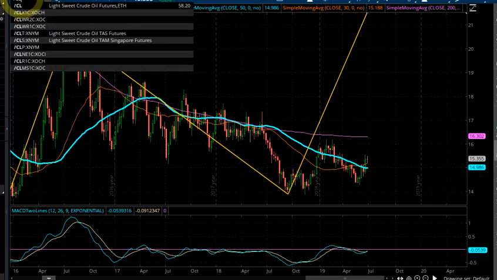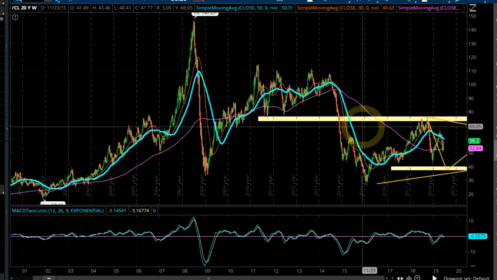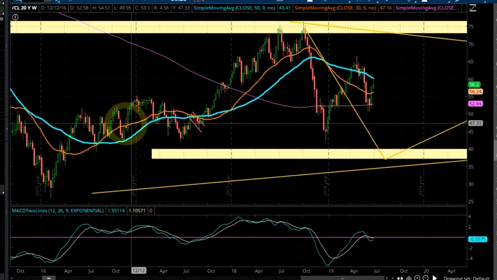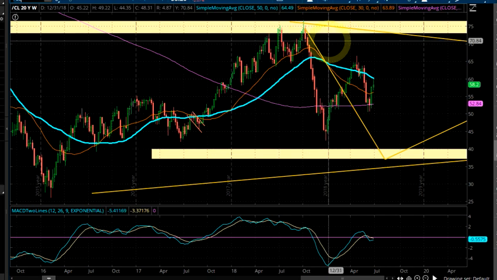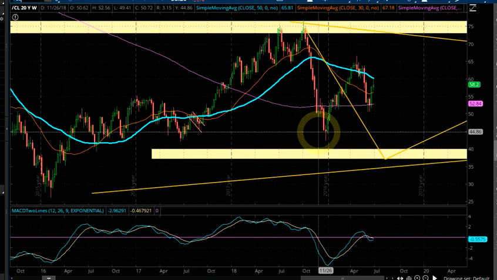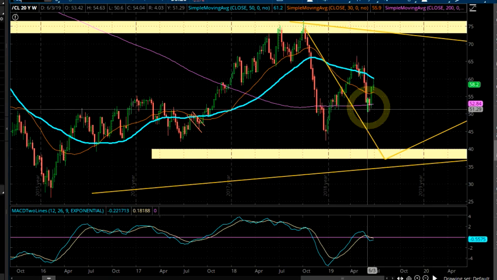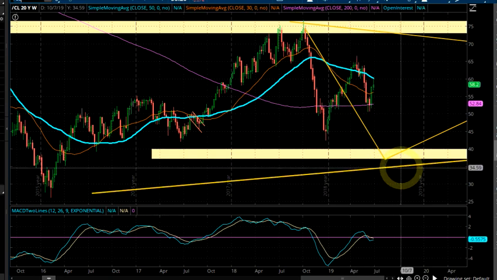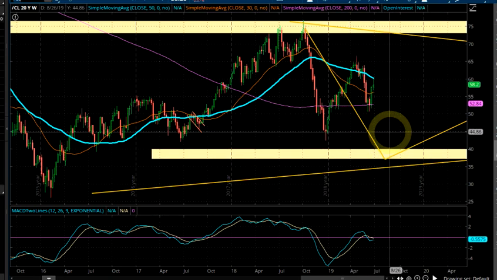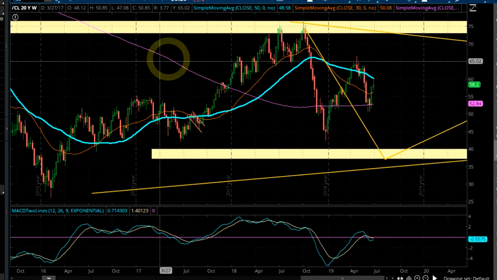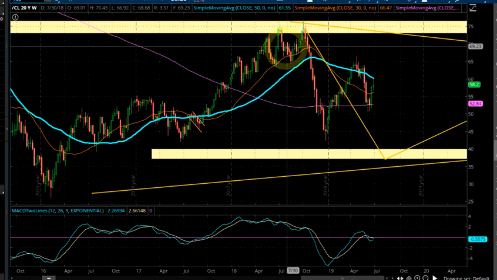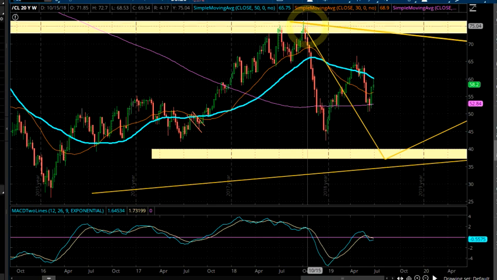If we want to look at oil real quick, oil, as I mentioned, is probably in some sort of sideways pattern. So this is probably A, and then this is B, and maybe we're going to get some sort of C back down here to the trend line, and then after that it'll be a rally. So oil's just going to continue to trade sideways in this huge range. Now you could trade it in this range.